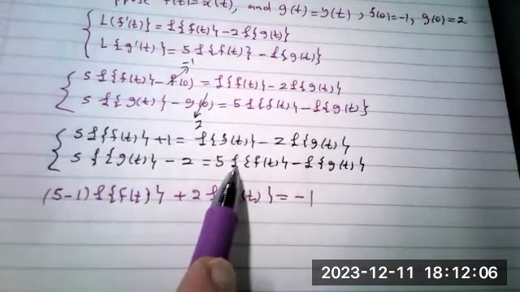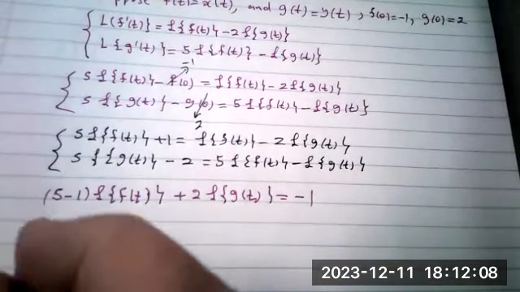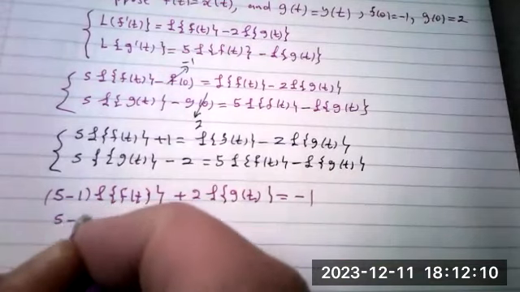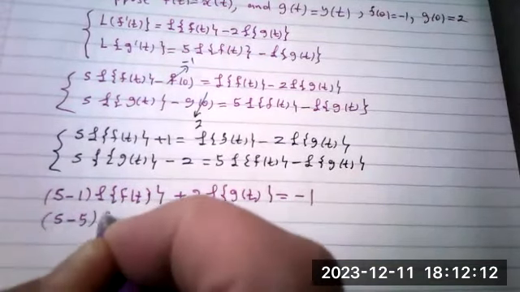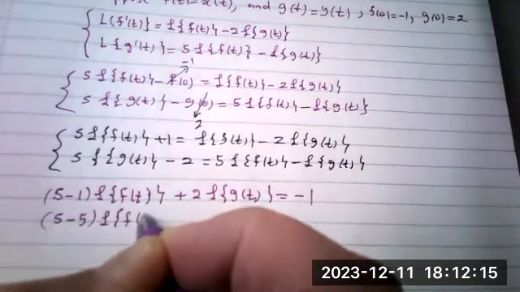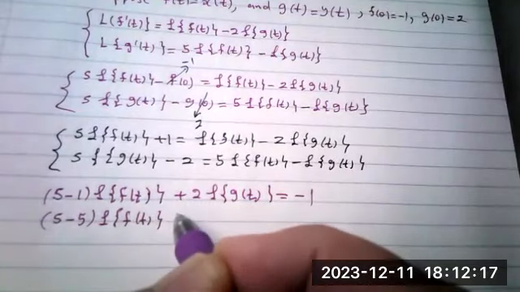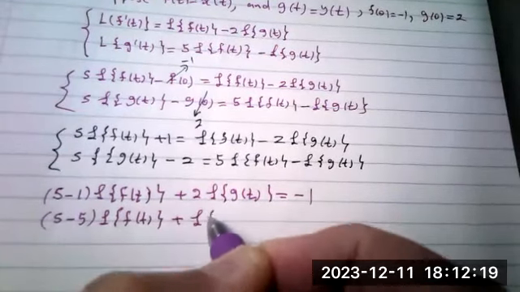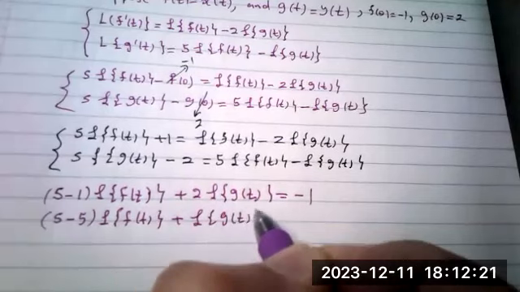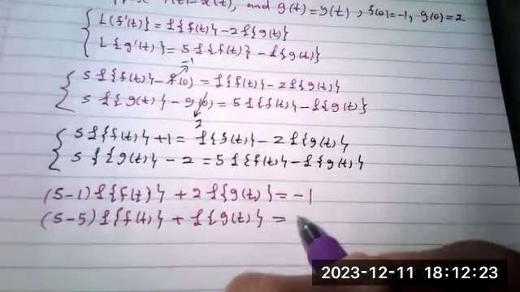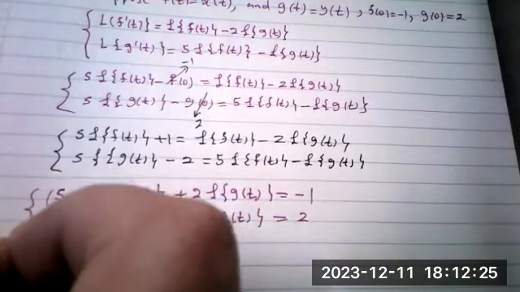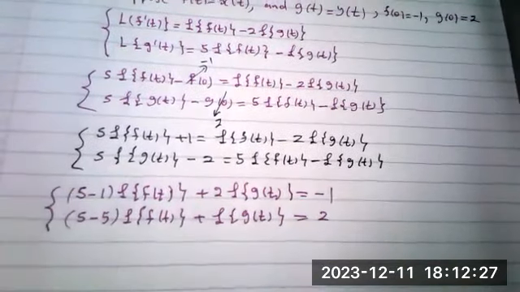I do the same thing to the second one: s minus 5 Laplace of f of t plus Laplace of g of t equals 2. So that gives you the system of equations.